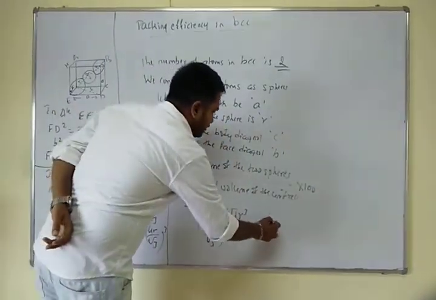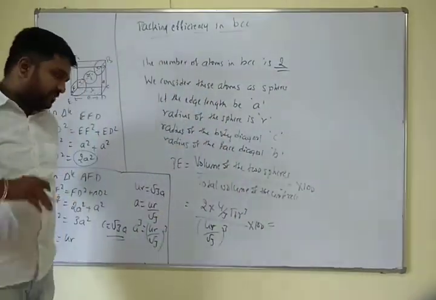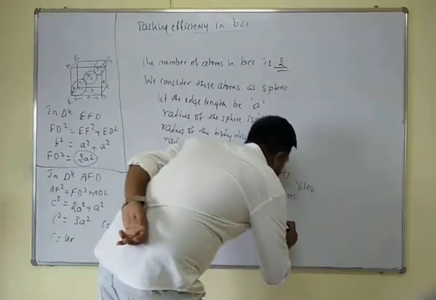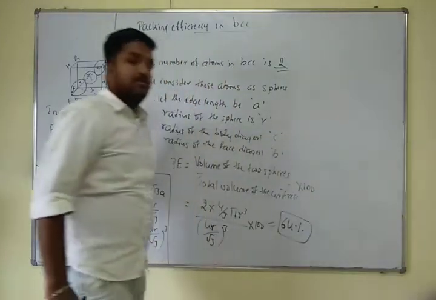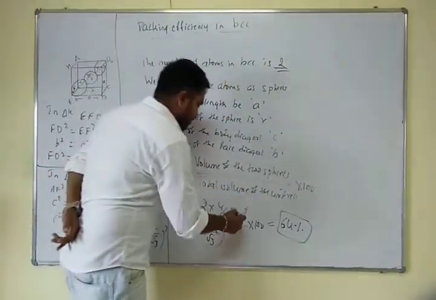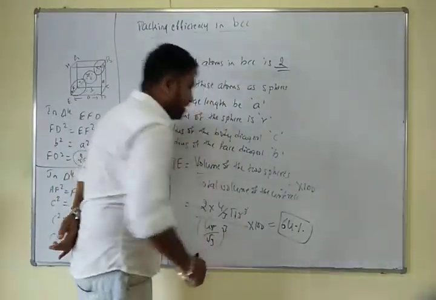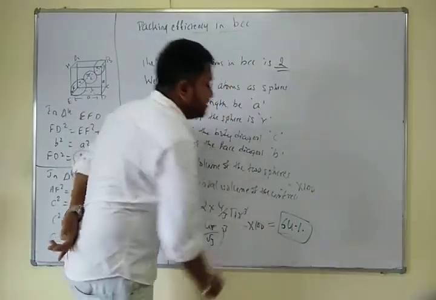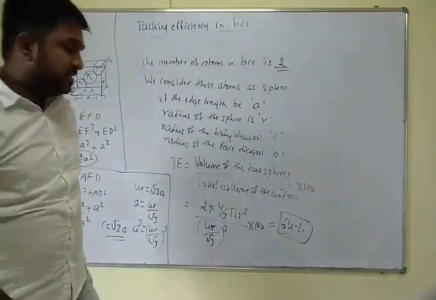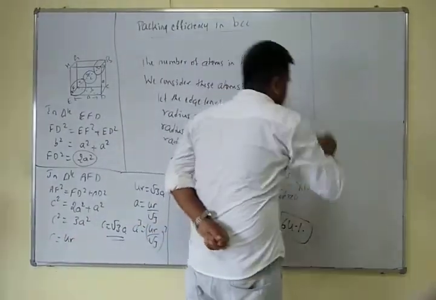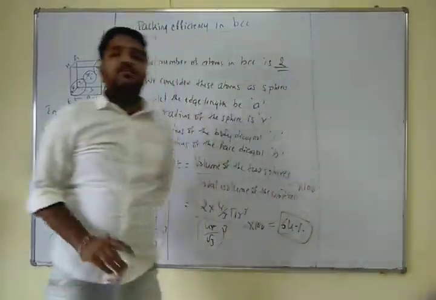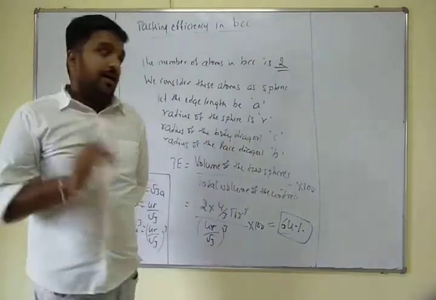If you calculate, you get a result of 64%. After making the calculations of r cube and r cube, the packing efficiency of the body center cubic crystal is 68%.